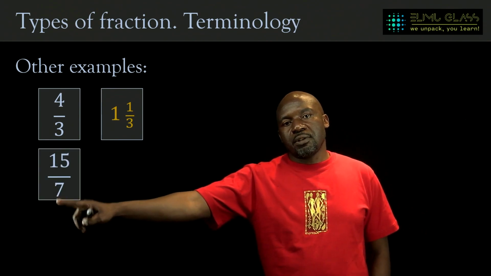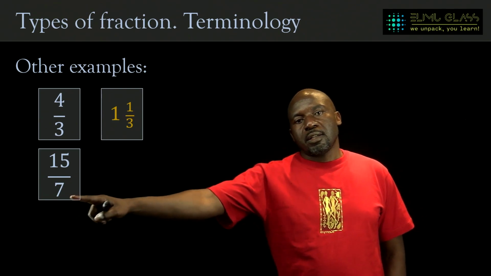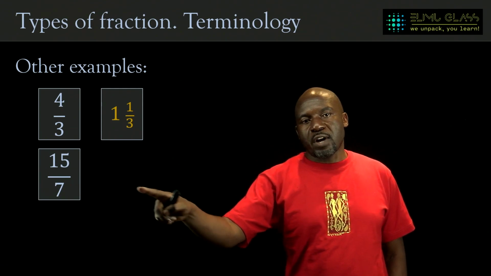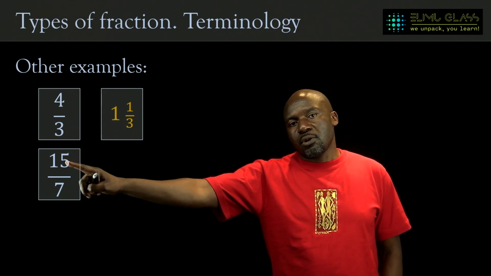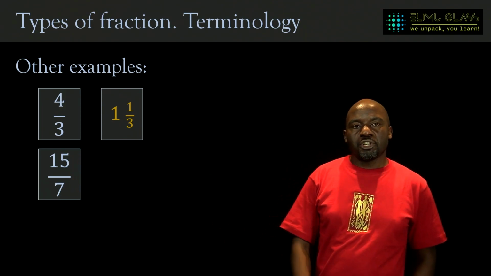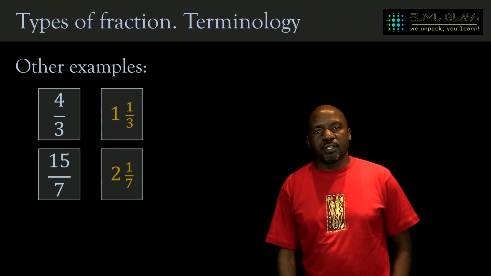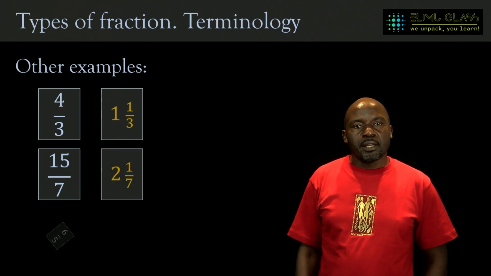Okay, another example perhaps is 15 out of 7. Now 7 goes into 15 twice to give us 14. So we write 2 as the integer. There is a remainder of 1, so it will be 1 out of 7. So we can express 15 over 7 as 2 and 1 over 7, like that. Okay, so that is a mixed fraction. Is there another one?